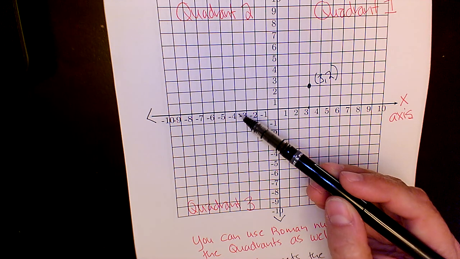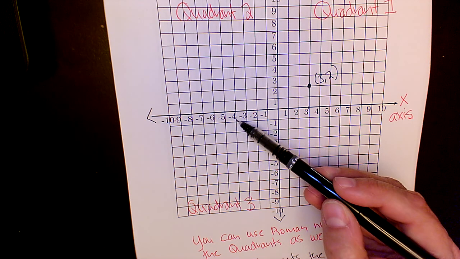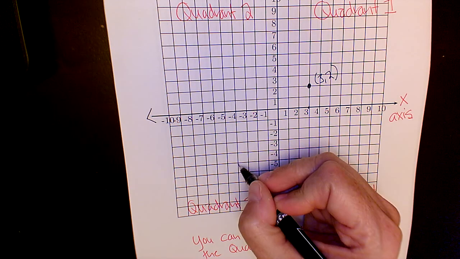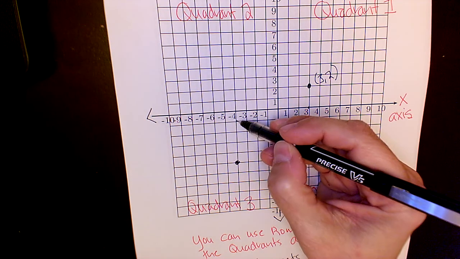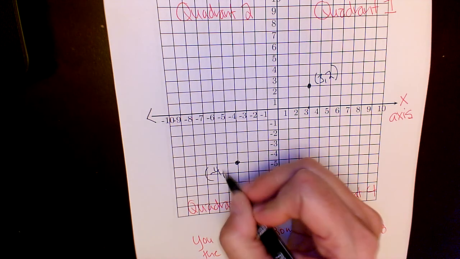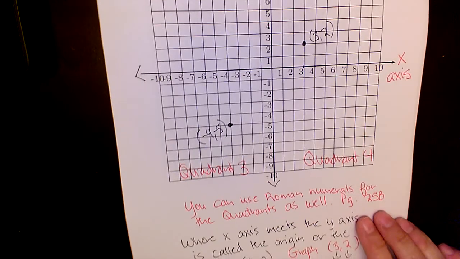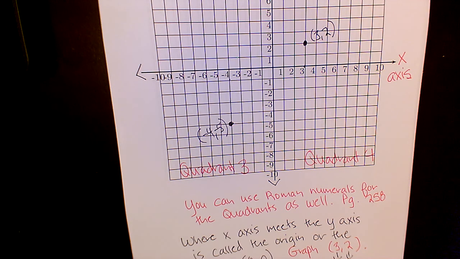And because the second piece is -5, I'm going to go down 5. 1, 2, 3, 4, 5. So I'm going to label it. Here's my point, (-4, -5), and it's located in quadrant 3.